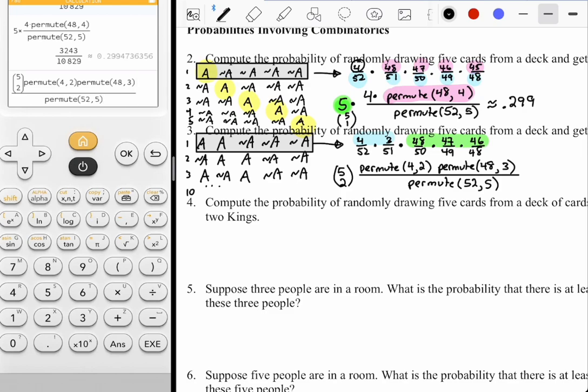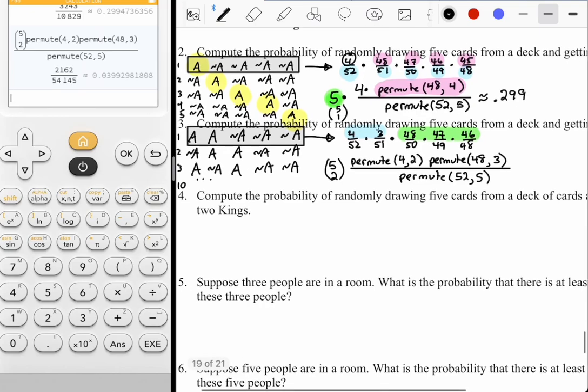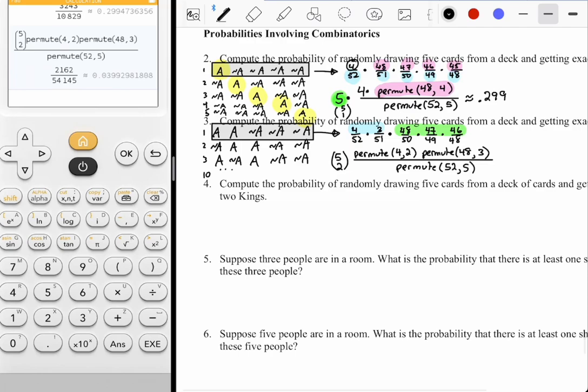All right, so this gets a little beefier, but it gives you a valid probability of 0.0399. All right.